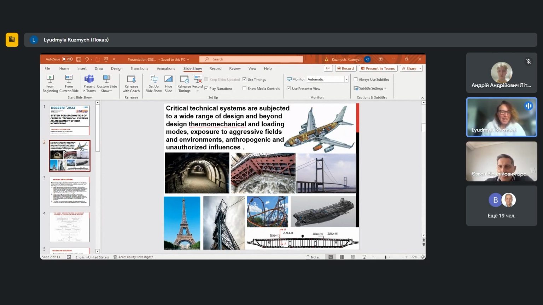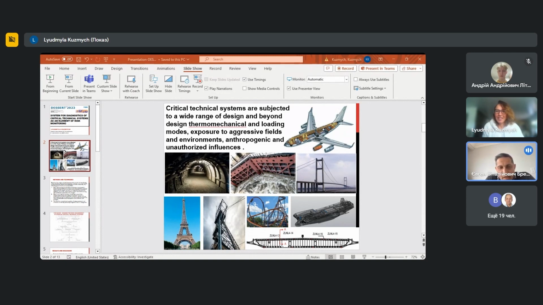I'm surprised by such a comment. Can you see how many bridges, for example in Kiev, ruined in a short time? And you can talk about the fact that we have a good system for monitoring. What about bridges? I mean before the war. Yes, I saw on your slide that you presented some airplanes, aircraft.